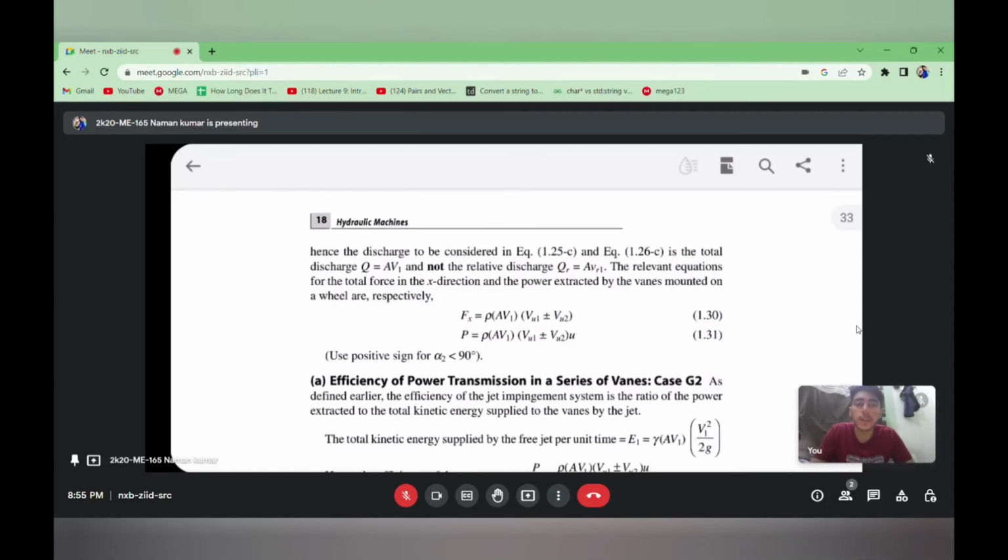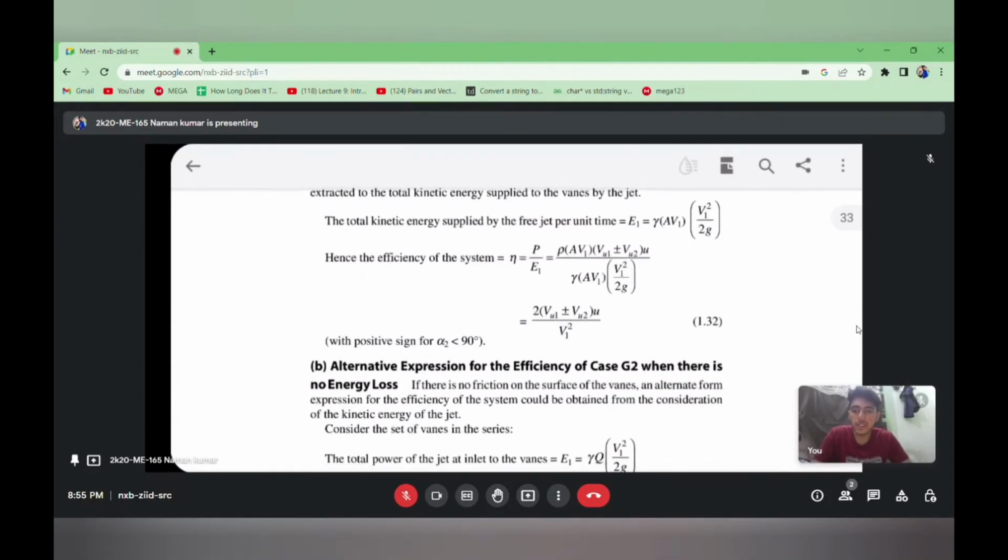And why is there plus minus here? Because if our angle beta is greater than 90, then we use negative sign, and if it is less than 90, then we use positive sign, and if it is 90, then VU2 becomes 0.